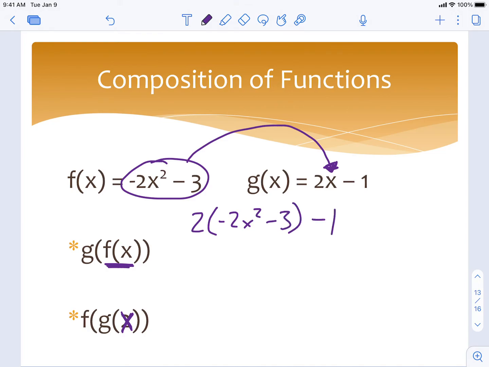So all I've done is I've replaced this x with this equation in a set of parentheses. Now we can simplify this, distribute in the 2, and we get negative 4x squared minus 6 minus 1. And then combining like terms, we get negative 4x squared minus 7.